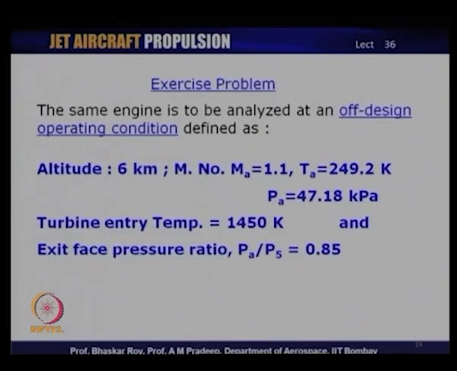We will now leave you with an exercise problem, which is configured at an off design condition at an altitude of 6 kilometers, and it is flying at a Mach number of 1.1. At that altitude, the prescribed temperature is 249.2 Kelvin, and the pressure is 47.18 kilopascals.